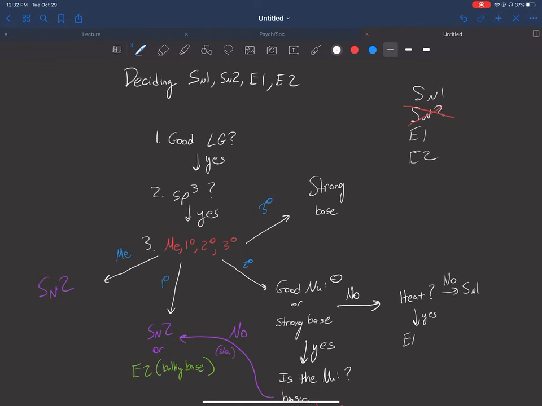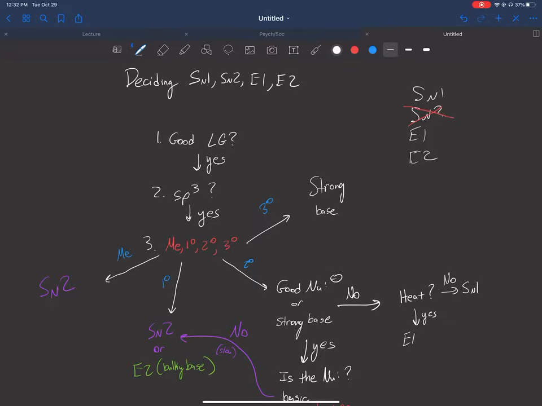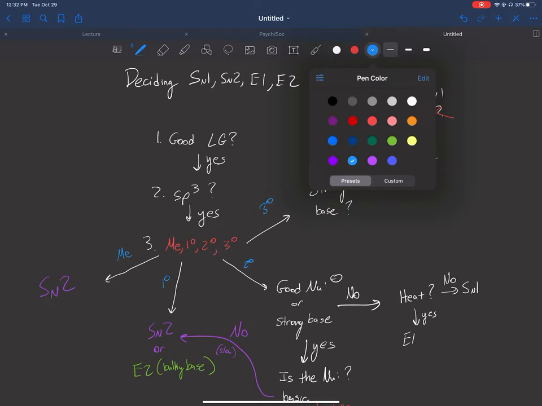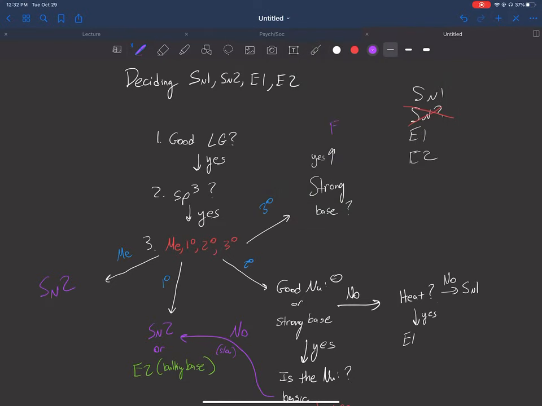Remember that with SN2 and E2, we prefer things to be strong. SN1 and E1 are when we don't have strong things, in general. Strong stuff favors SN2 and E2. So strong base, do I have it or not? If you have a strong base, it will favor E2. So I'm going to say yes. All right, then E2.